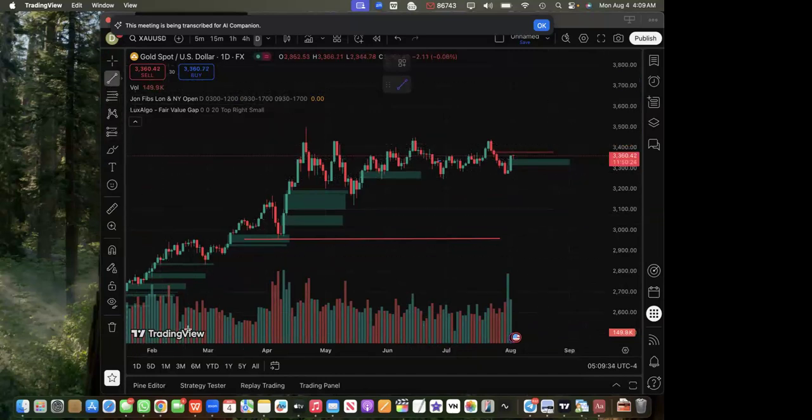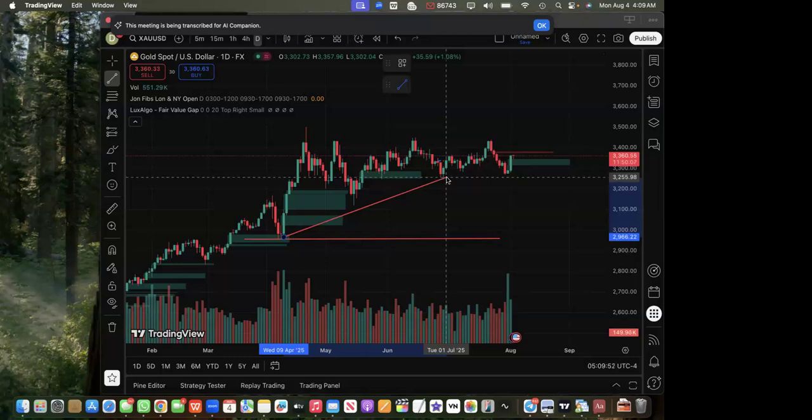First things first, pick my trend line from here. I'm going to start from here. Okay, so it looks like we're in an upward trend, and that is on the daily time frame.